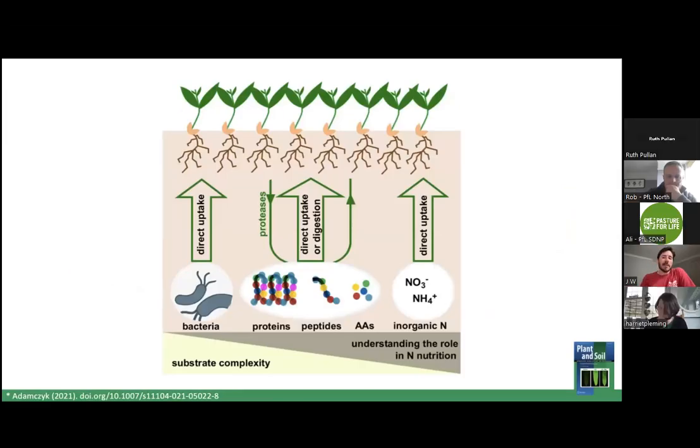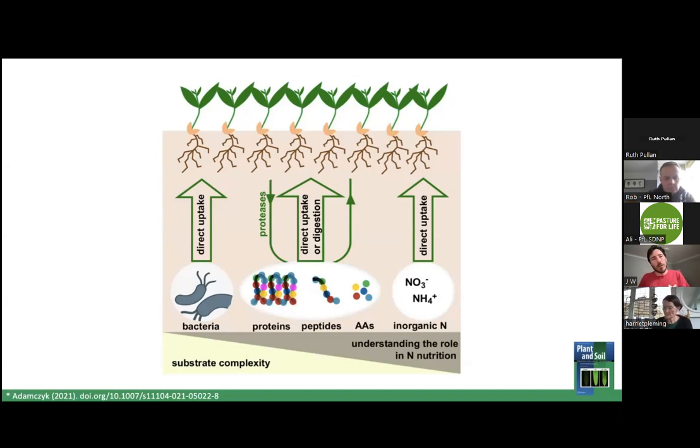So the key message here is that we have to graduate and move beyond that basic idea that primarily inorganic forms of nitrogen are used by the plants. This may well be true in agricultural contexts because we primarily apply inorganic forms. But if we look into the ecological literature and look at plants in native ecosystems, they are predominantly using more of these organic forms because those are more prevalent in those natural systems.